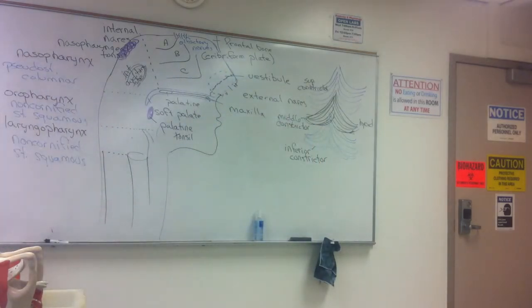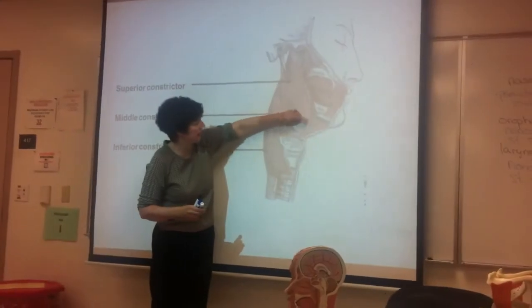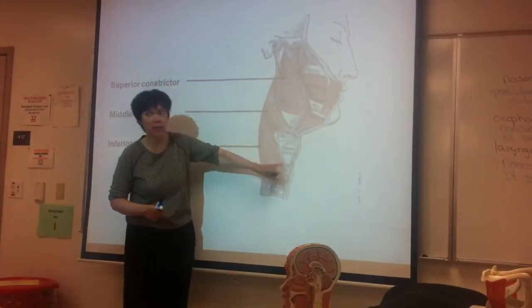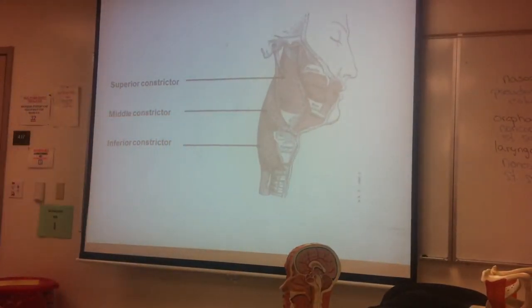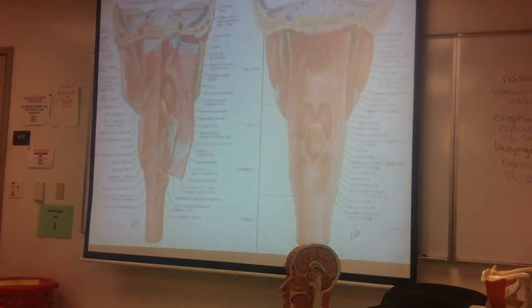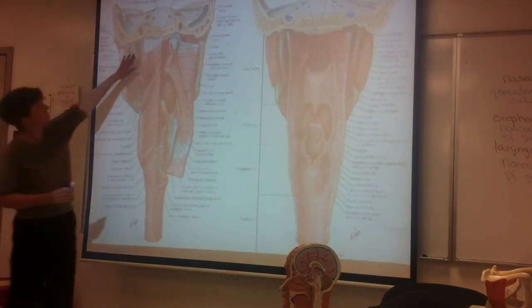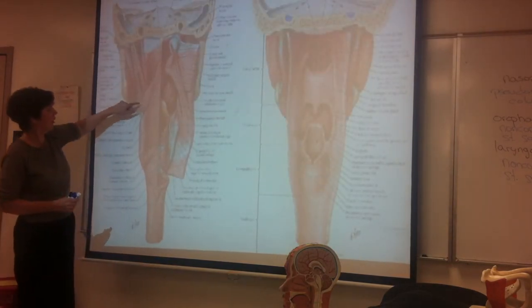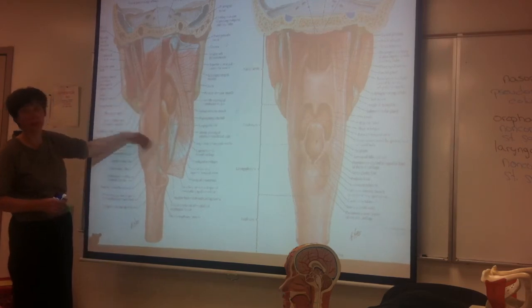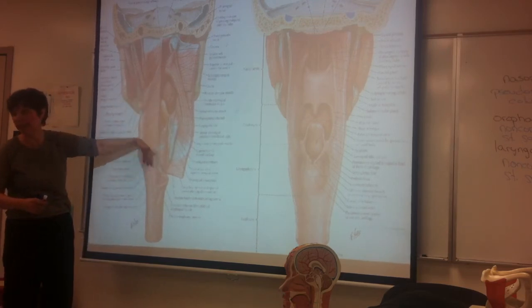So lateral view, you can see where it joins with the buccinator, hyoid, and then thyroid cartilage for superior, middle, and inferior. And then on this next slide, here's superior, here's middle and hyoid bone, here's inferior, and then that inferior blends with the esophagus.